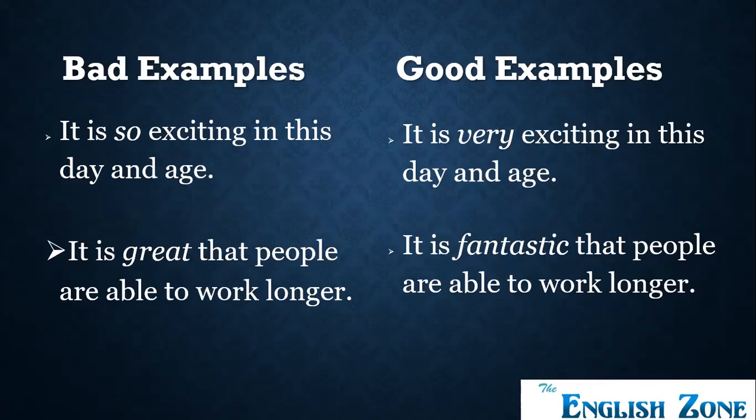At the place of so exciting, it would be better if we write very exciting. The second one, it's great that people are able to work longer. So what we can say instead of great is, it's fantastic that people are able to work longer. So be careful about the collocation part.